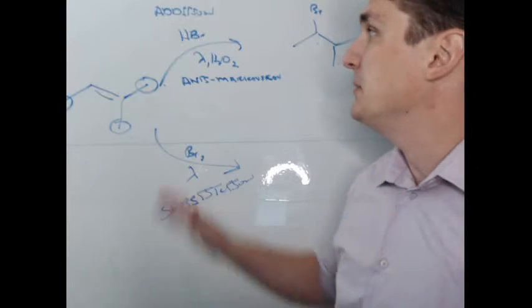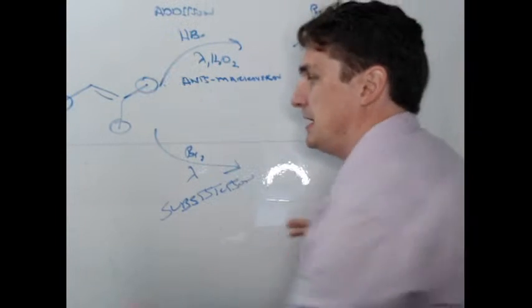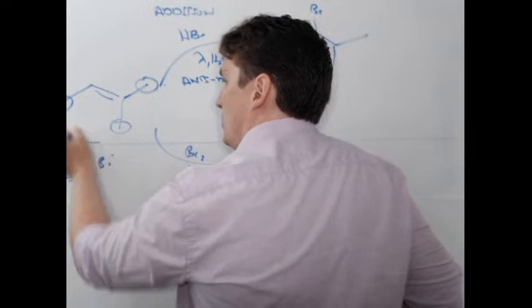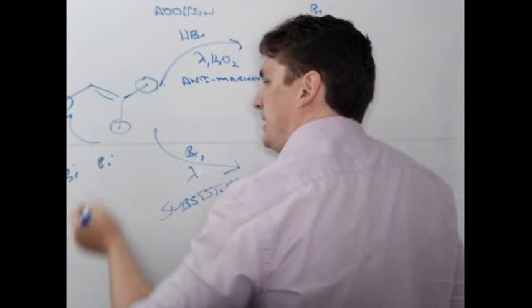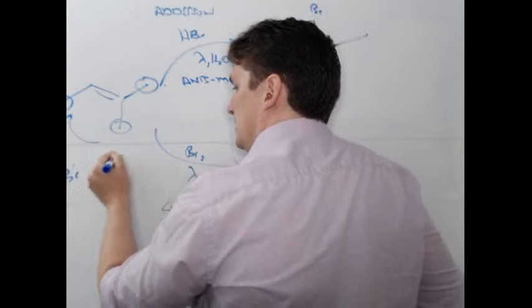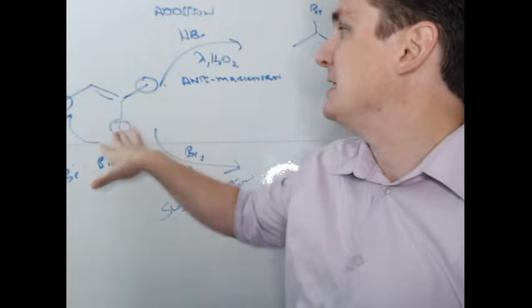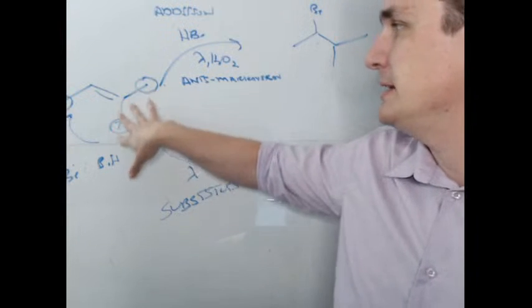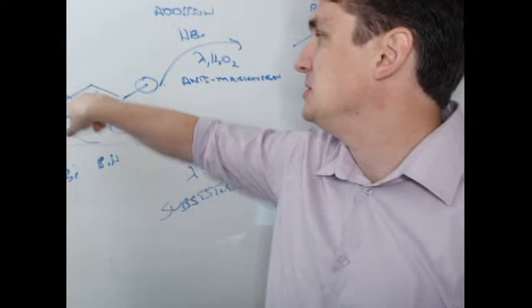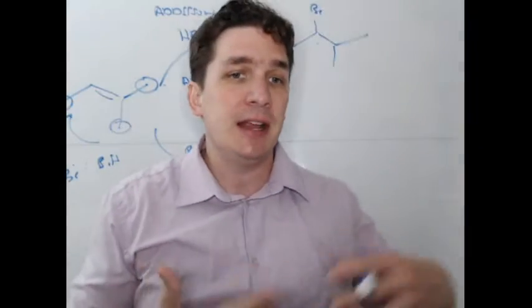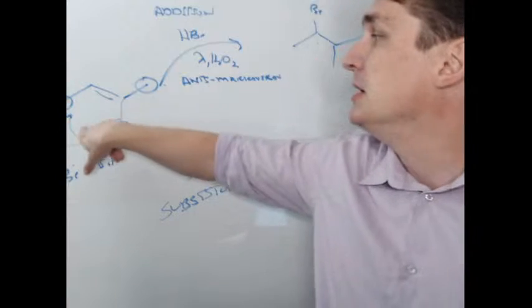In this case, we're generating two bromine radicals, and one is going to peel off a hydrogen to give us HBr and a radical, and this radical on the molecule is going to be stabilized by resonance. So this is why we're not going to get Br addition across the double bond, because we initially generate a radical by extracting a hydrogen from this molecule.